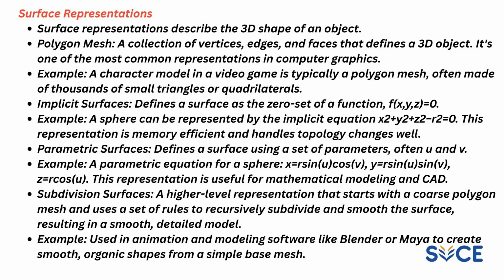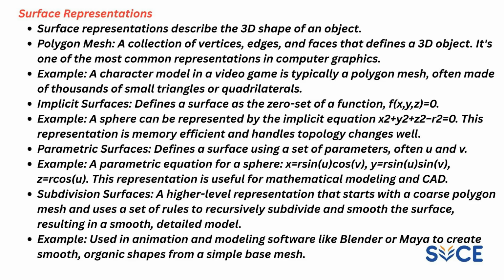For example, take a character model in a video game. They construct the characters using polygon meshes. These meshes often consist of thousands of tiny triangles that form the surface of the characters.